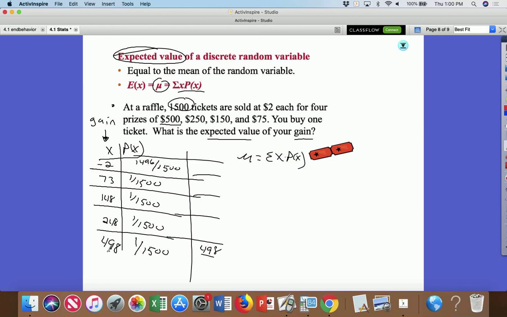So x times p of x would be 498 over 1500, 248, 73 over 1500, and then 1496 times 2, 2992. So negative 2992 over 1500.